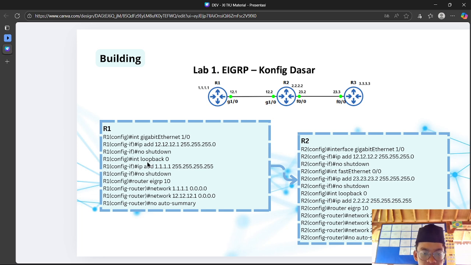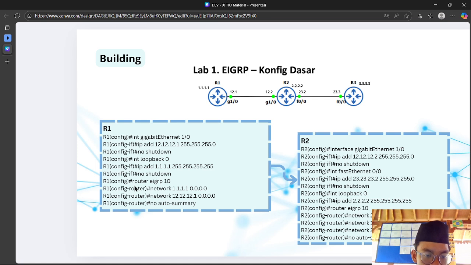Then there is an interface loopback 0 in router 1 to make a backup IP, or router ID, in router 1. We put the router ID in router 1 and enter loopback 0. Don't forget again no shutdown.